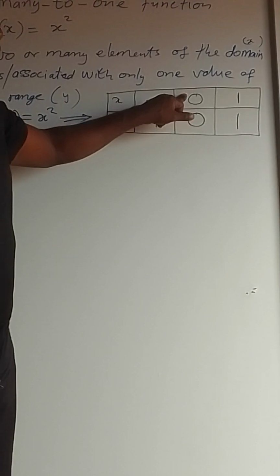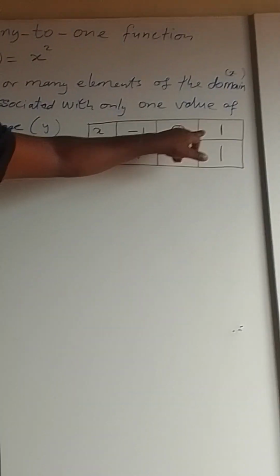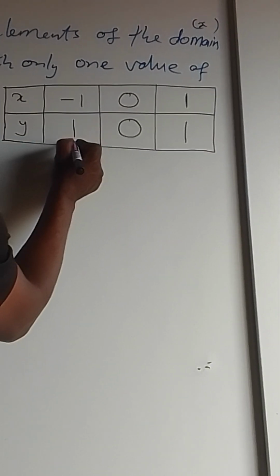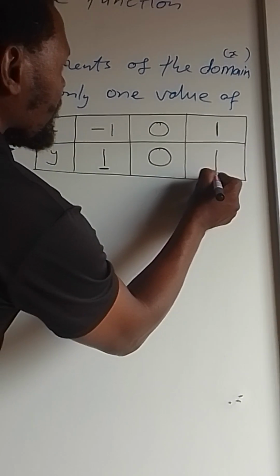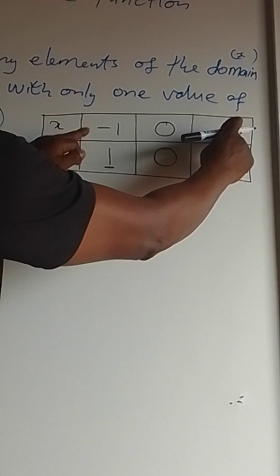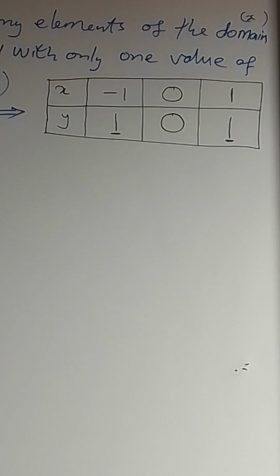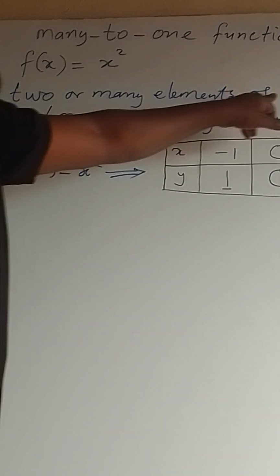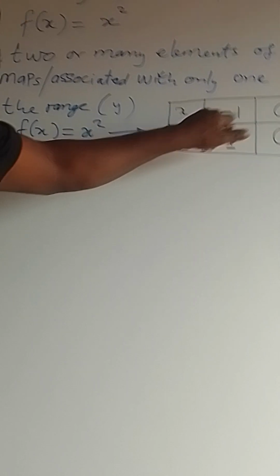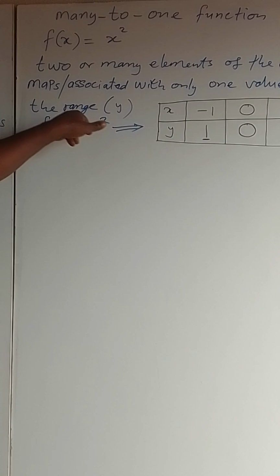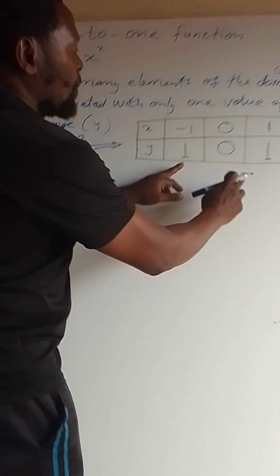You have a 0 which maps with a 0. You have a 1 which maps with a 1. Here you have two values of x, a minus 1 and 1, which map to exactly one value of y. Hence we say two elements of the domain map or associate with only one value of the range.